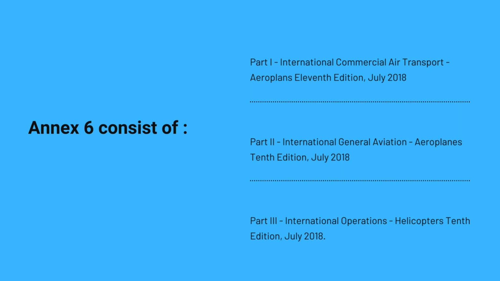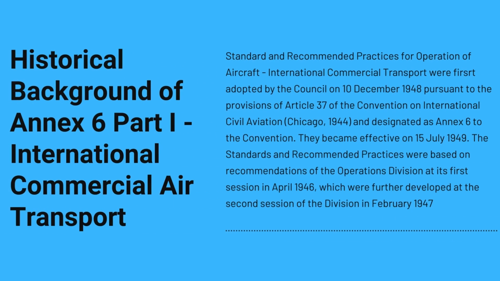Historical background of this annex: standards and recommended practices for operation of aircraft, international commercial transport, were first adopted by the Council on 10 December 1948, pursuant to the provisions of Article 37 of the Convention on International Civil Aviation, and designated as Annex 6 to the Convention.